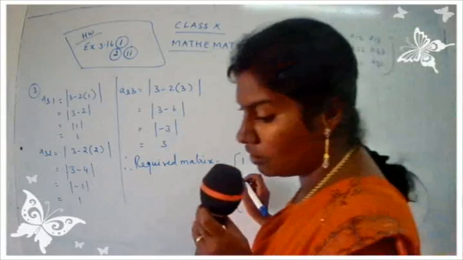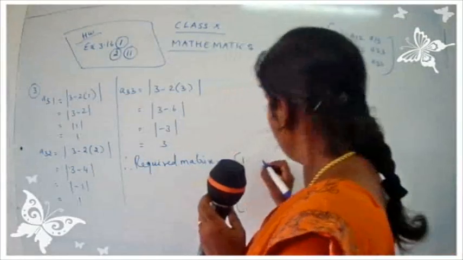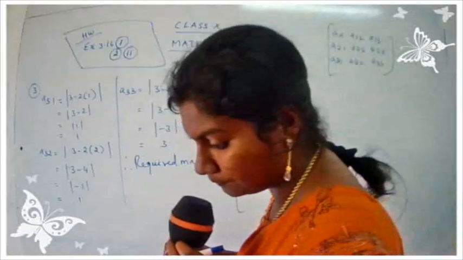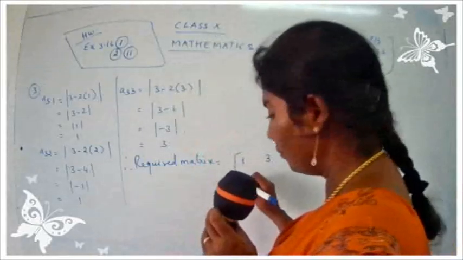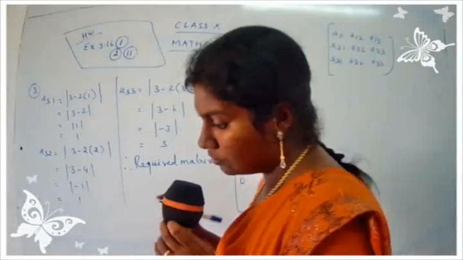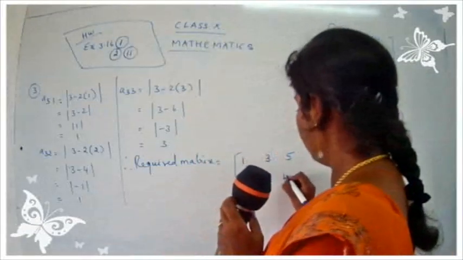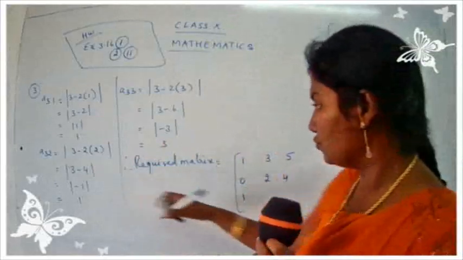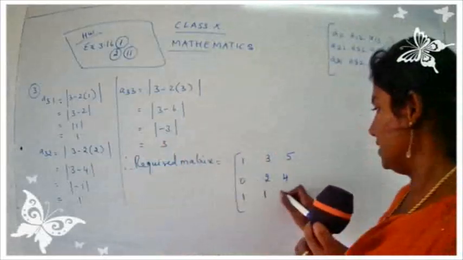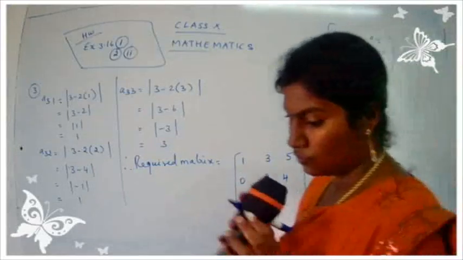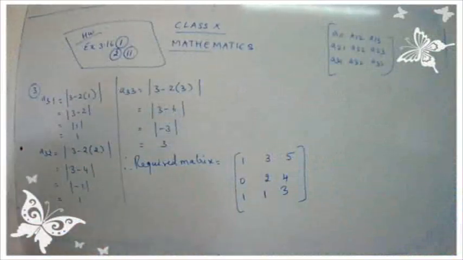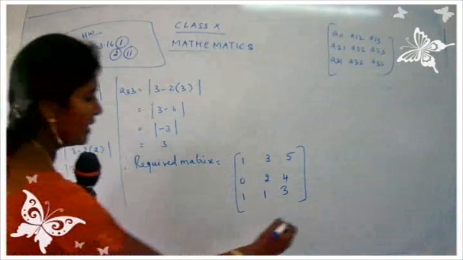For A11 we got 1, then we got 3, 5. 2, 1: we got 0, 2, 4. 3, 1, 1, 3, 2, 1, 3, 3, 3. So 1, 3, 5, 0, 2, 4, 1, 1, 3. So this is the required matrix. So this is the answer.